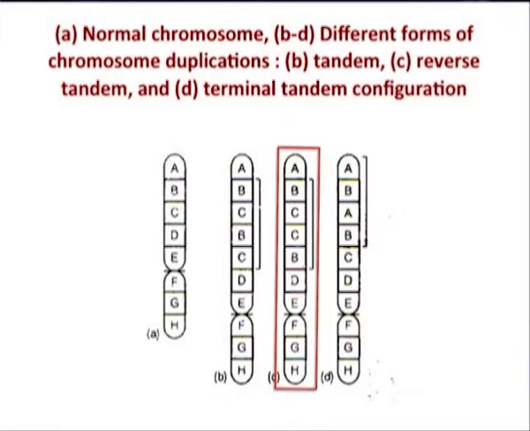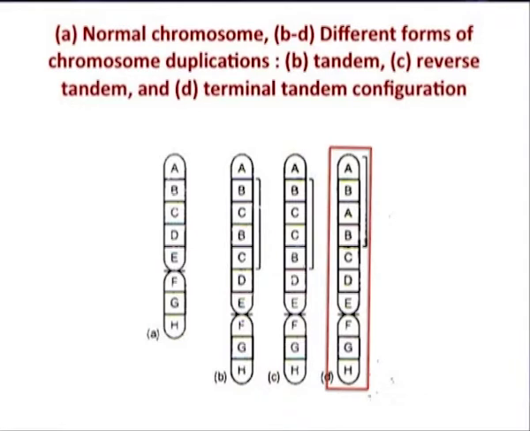For example, AB, CC, BDE dot FGH, and is known as reverse tandem configuration. And when the duplicated segments are tandemly arranged at the end of the chromosome, it is called terminal tandem duplication, for example, AB, CDE dot FGH.